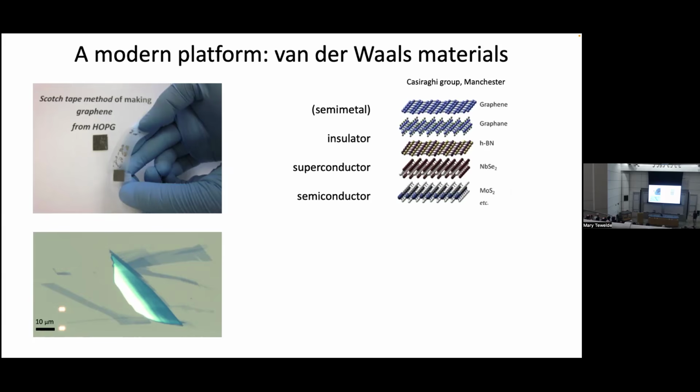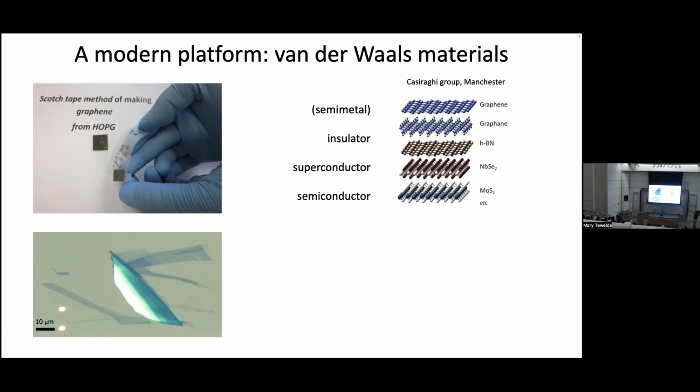Now, graphene is not the only van der Waals material. There are many such materials that have been isolated in two-dimensional form since then. And pretty much any material property that exists in three-dimensional crystals, I would posit also exists in two dimensions. So you have insulators like hexagonal boron nitride, which is just like this graphene honeycomb lattice, except instead of carbon atoms, you have boron and nitrogen alternating in honeycomb.